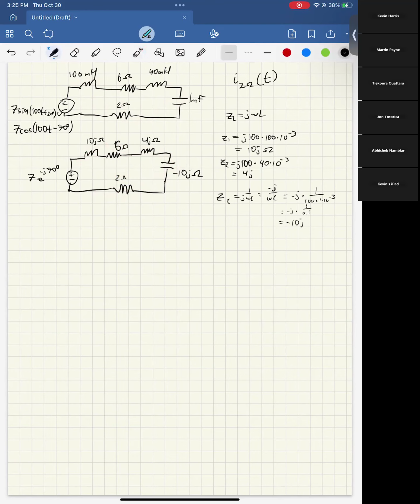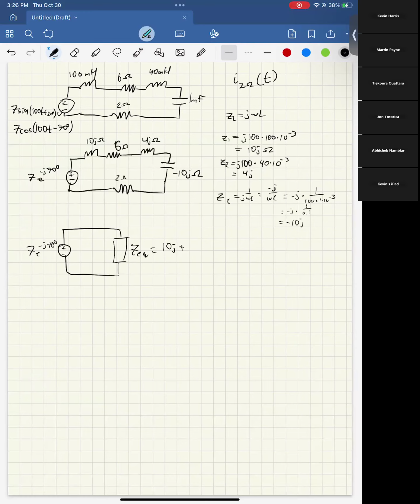So since they're all in series, and as I've said many times now, once you've turned them into impedances, you can treat them like resistors. What we're going to do is just combine all of them into one impedance. Let's call this Z equivalent, and it's going to be equal to all of them added together.